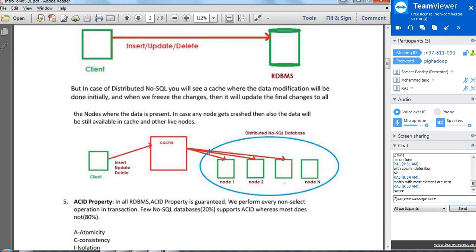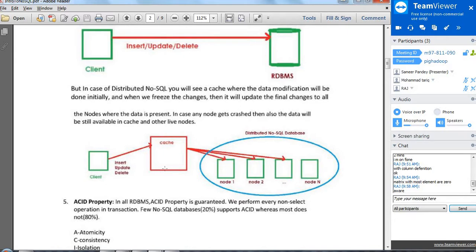If you have gone through my video, I have clearly explained that in Hadoop we cannot perform an update operation. But HBase runs on top of Hadoop. So when it runs on top of Hadoop, it maintains some cache storage where it actually does the operation and then returns the updated changes to HDFS.